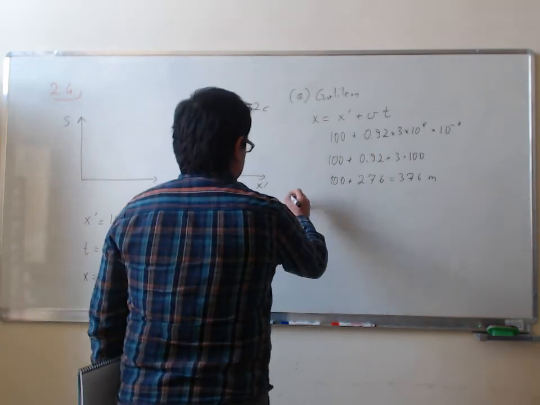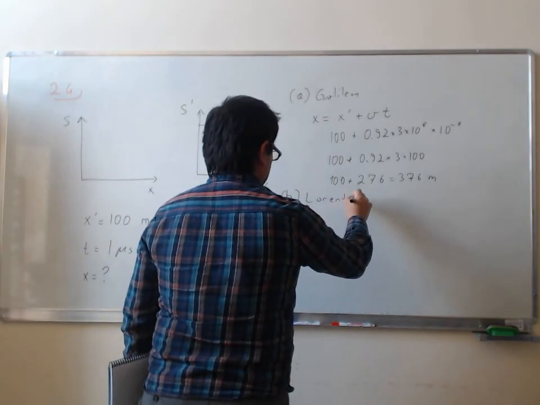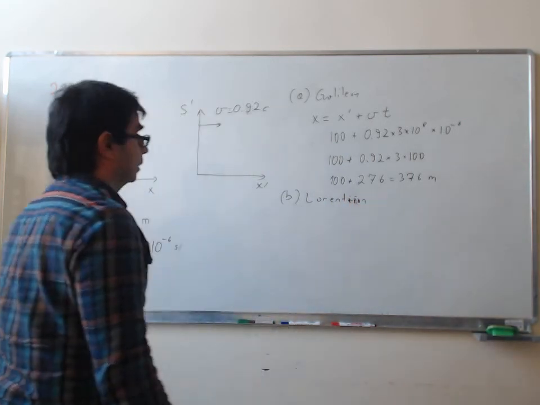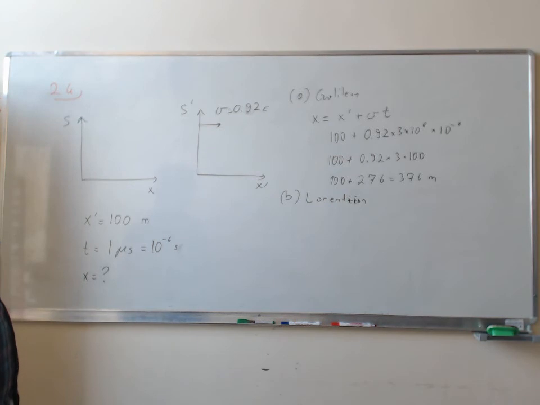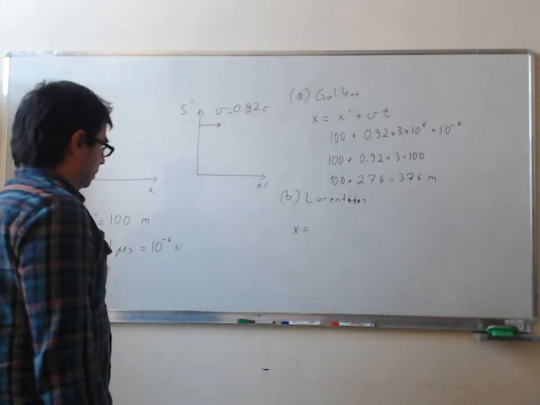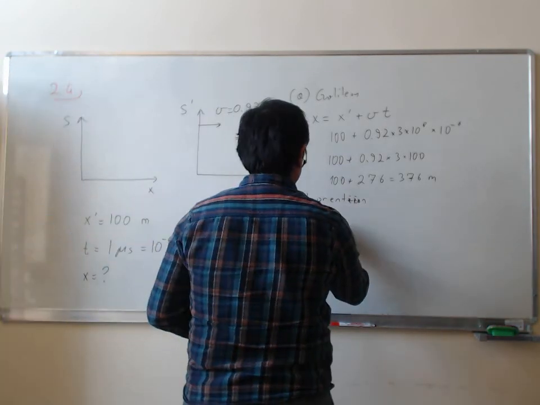Anyway, so for the Lorentzian situation, what we need to do is to apply Lorentz transformations, right? So what will be this position x when t is at a certain value, t prime is at a certain value, and so on and so forth. So here I looked up the formula from the book.